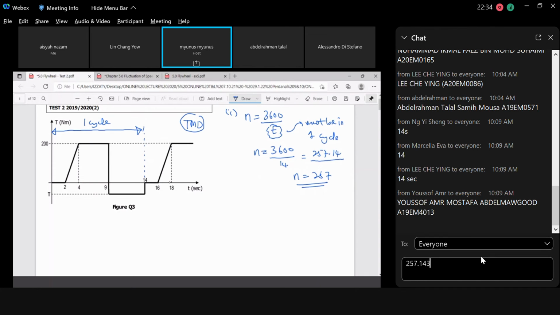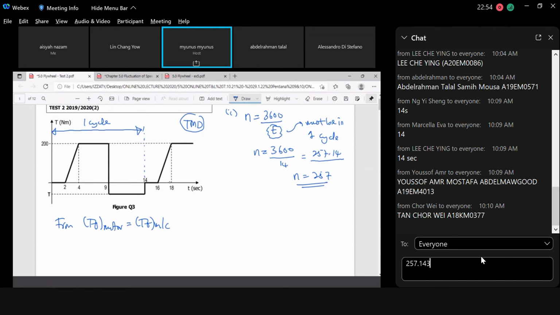From T theta, you have the motor just now. The motor equals T theta by the machine, which is a rolling machine. You found that this motor will contribute a constant torque.